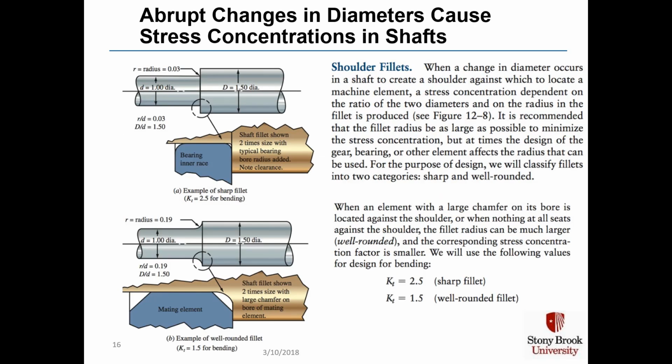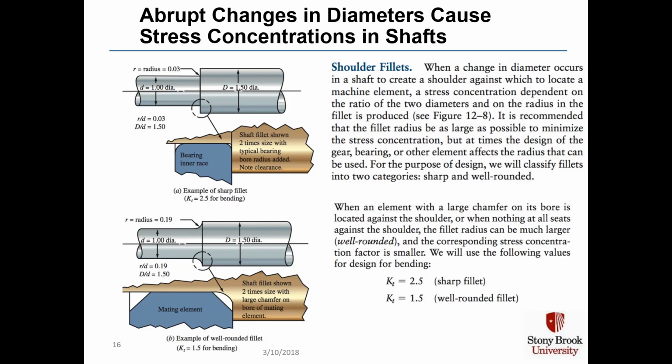Now, we talked in Chapter 5 about how abrupt changes in diameter cause stress concentrations in the shaft. Well, the shaft is going to be a series of steps where you're always changing diameter. You might change diameter 6 to 8 times along the length of a shaft that has multiple bearings and gears and sprockets on it.